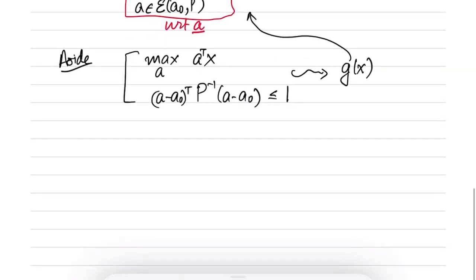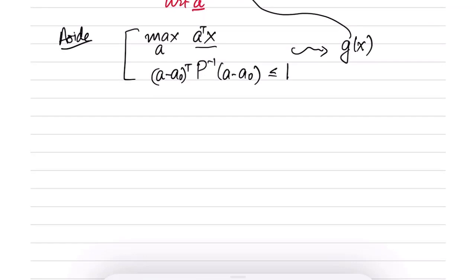What kind of problem is this? This is a problem with linear constraint, linear objective, and quadratic constraint. So you can think of it as a QCQP. Now to solve it in closed form, we can use the alternative definition of the ellipsoid.